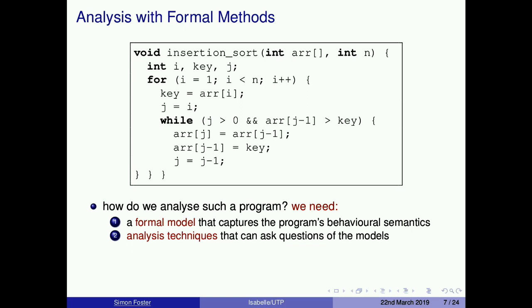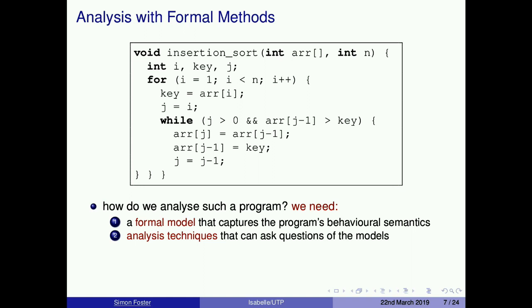And then the second thing that we need is a variety of analysis techniques, right? So I guess we've heard of things like Hoare logic and separation logic, refinement calculus. These are all approaches people have developed to analysis and stepwise development of computer programs.